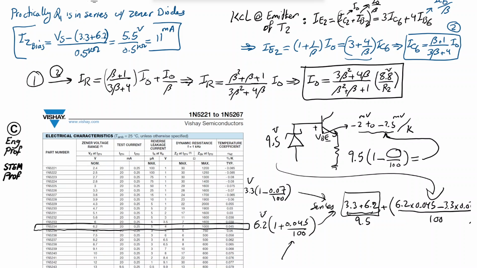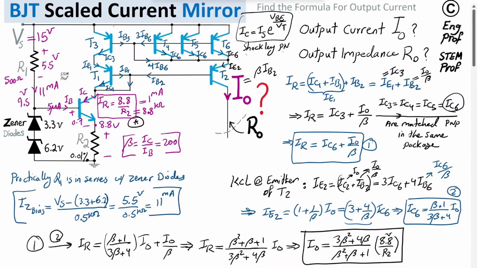With that in mind, we can select the specific Zener diode values from the table so that we get the corresponding positive and negative temperature coefficients, so that the result matches this sort of variation. That's what we try to achieve in this example.